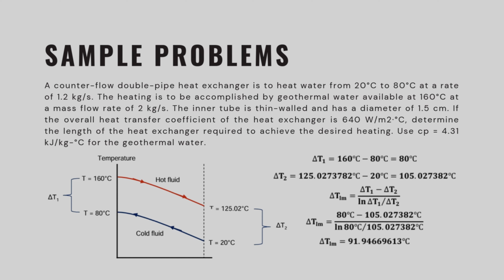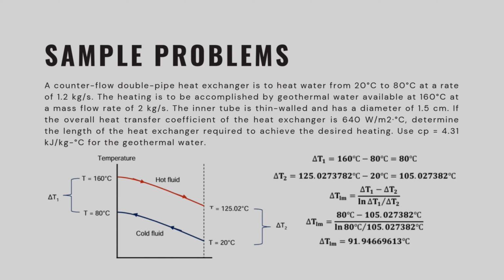But in this scenario, for the hot fluid, the outlet would still be on the right side. However, for the cold fluid, the inlet temperature would be on the right side instead of left.